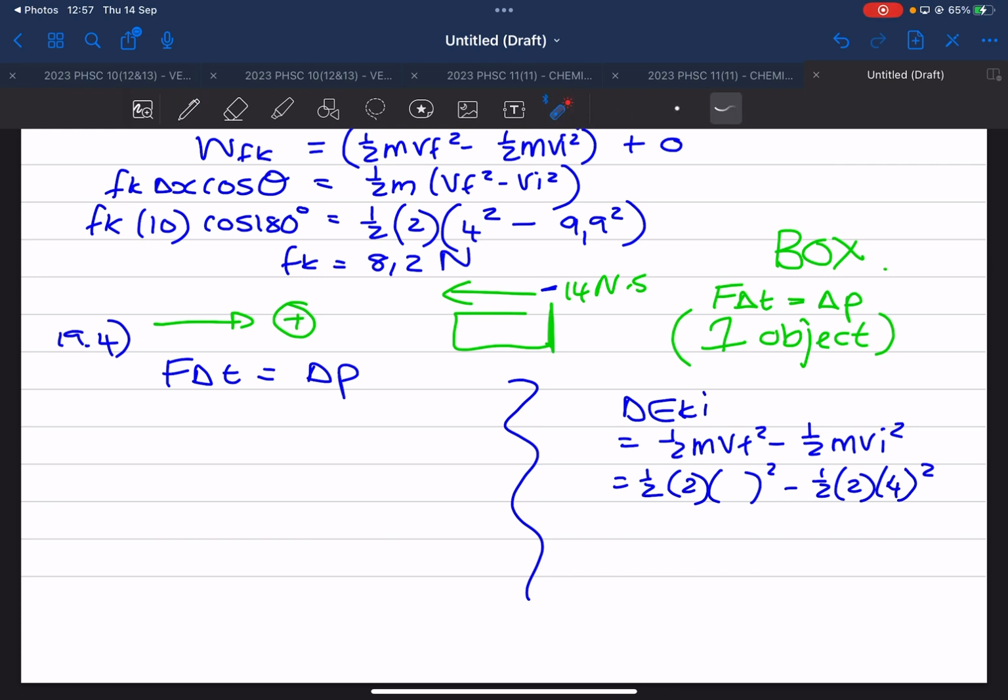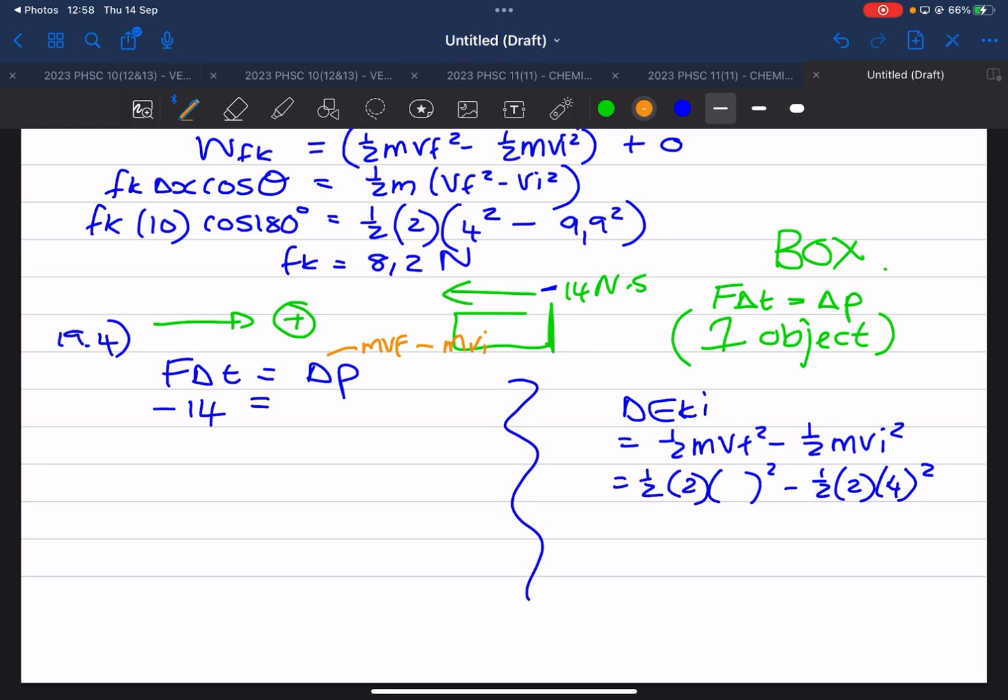The impulse is negative 14. Remember, impulse is not force. It's not time. Dis die produk van die twee. So that whole thing together is negative 14. What is my change in momentum again? It is final minus initial.